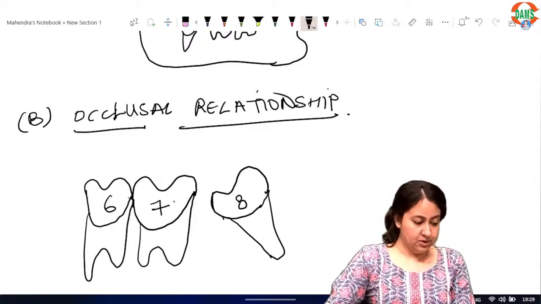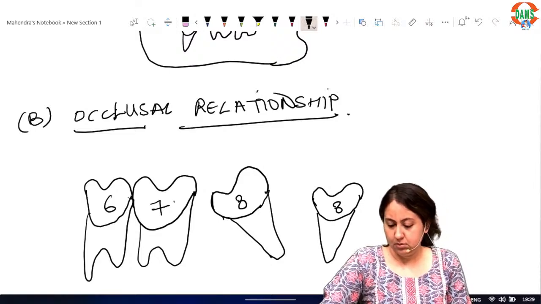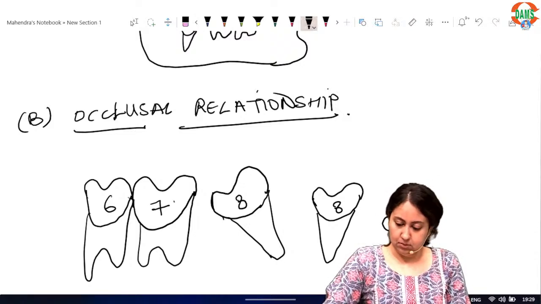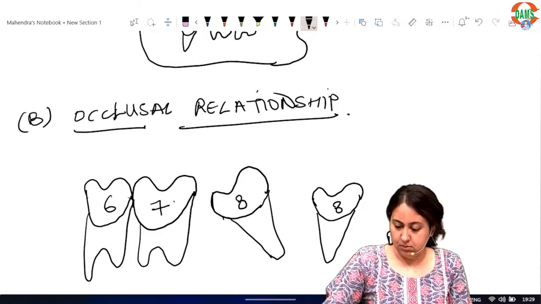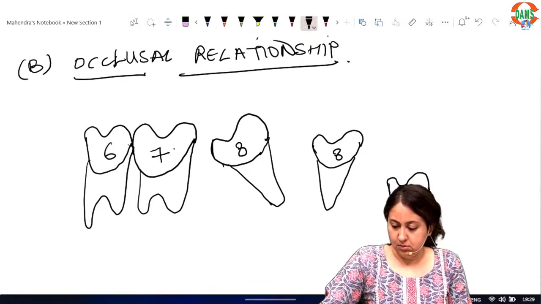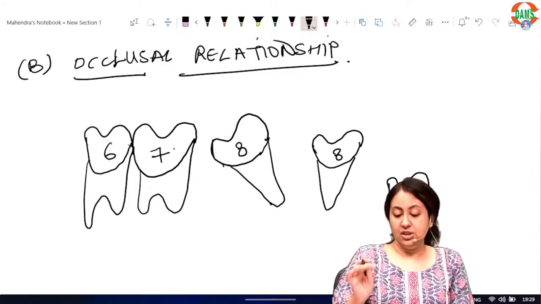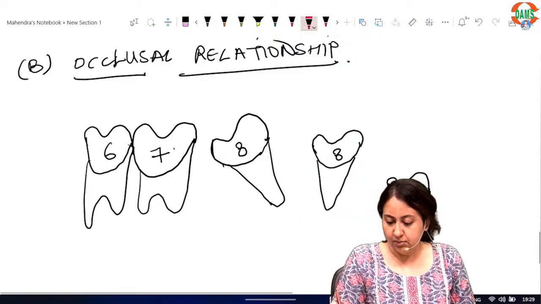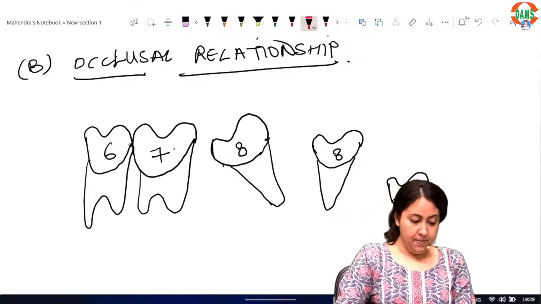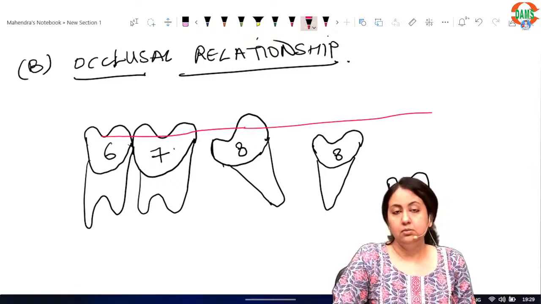We will see diagrams, okay? Just remember this diagram. Now please carefully look at the lines that I am drawing.